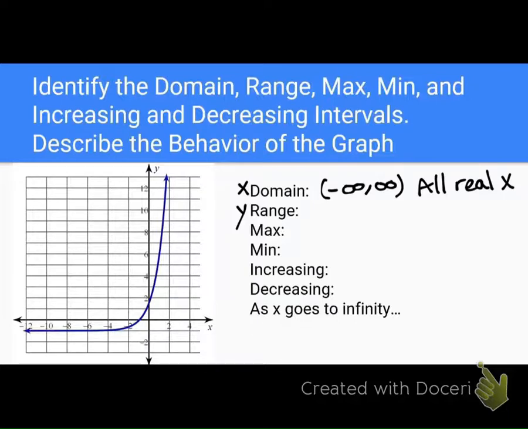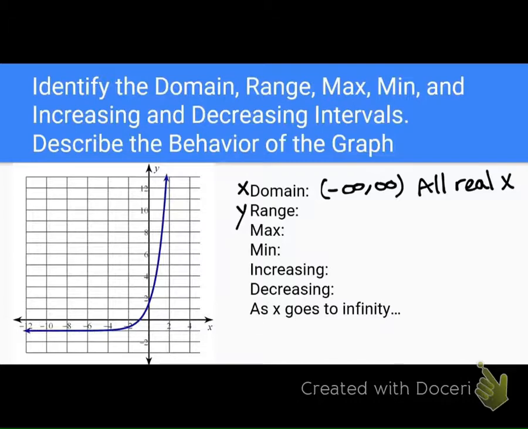For my range, it's definitely going up forever, I can tell, right? But at the lower end, I want to see where I stop, or if I do. So looking over here, I see the graph sort of flattens out, right? It becomes nearly horizontal.